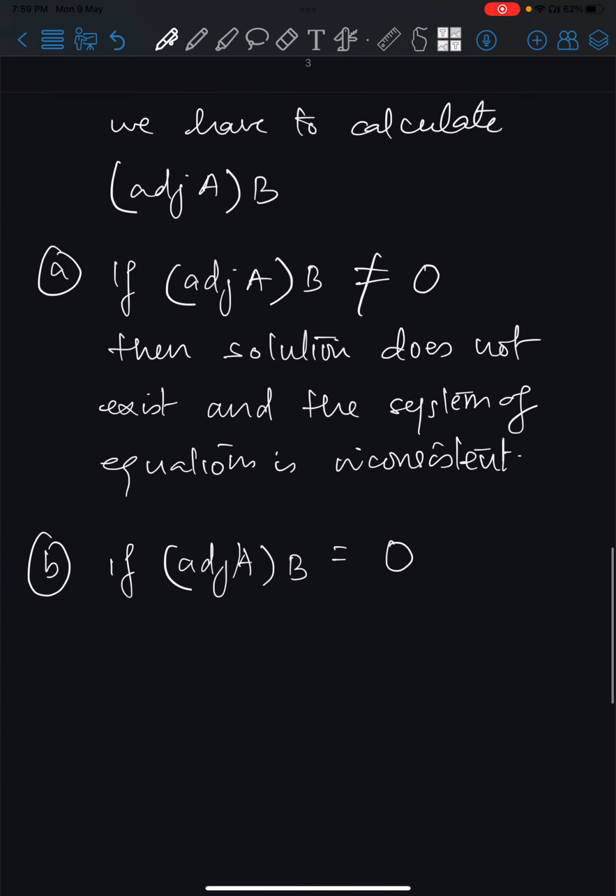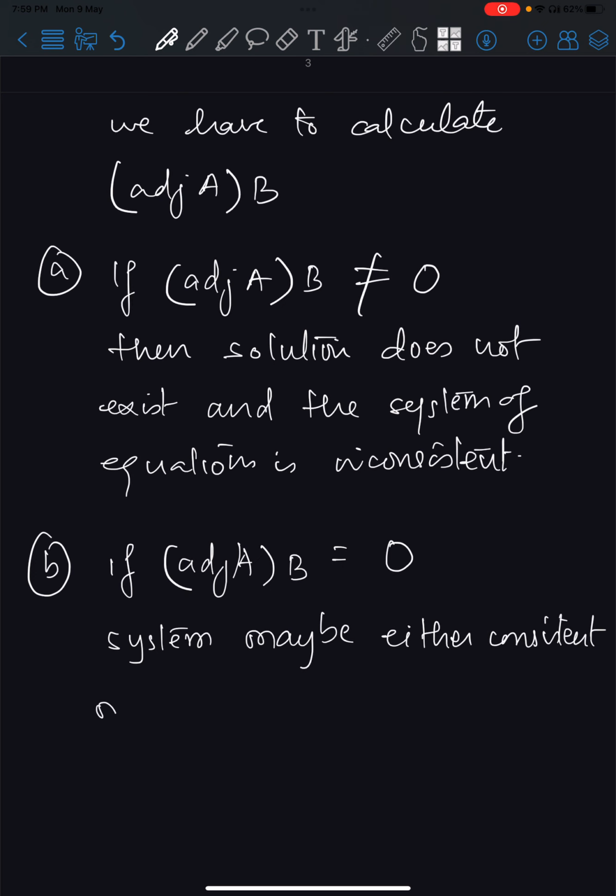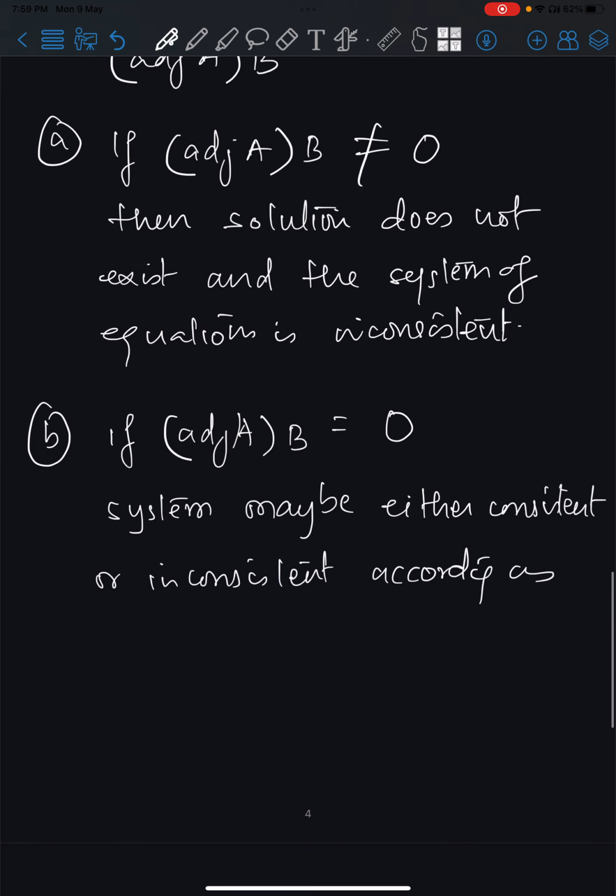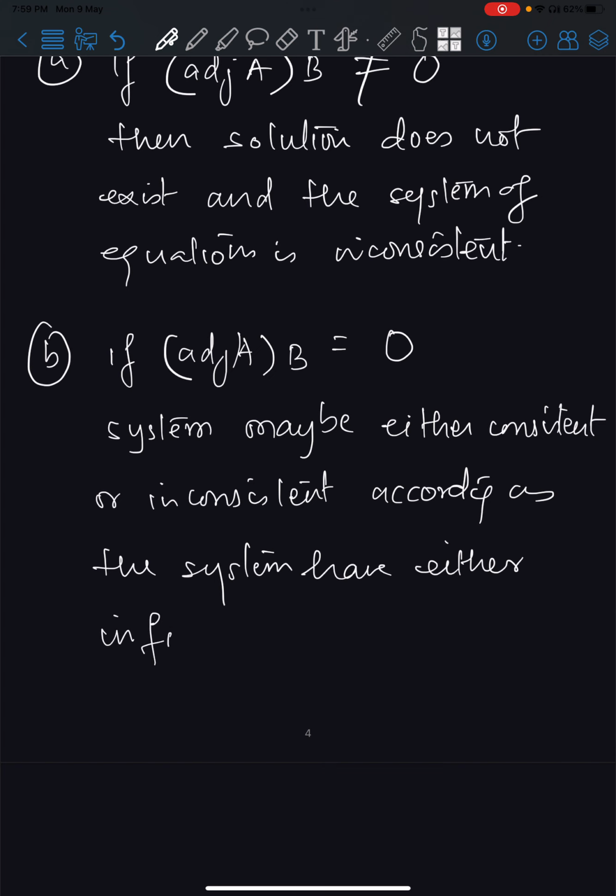In this case, the system may be either consistent or inconsistent, according as the system has either infinitely many solutions or no solution.